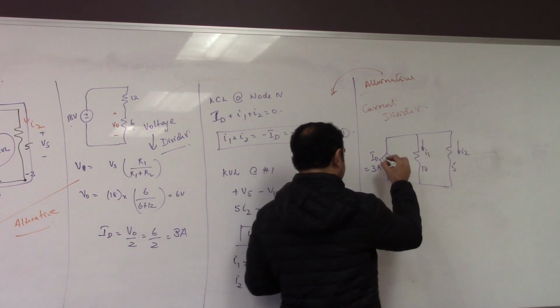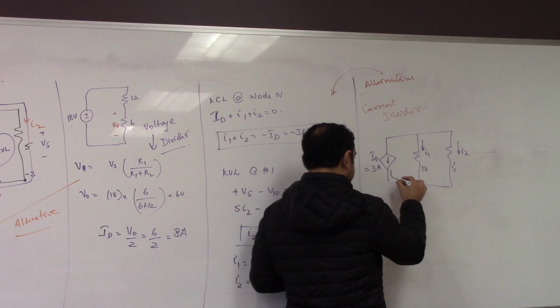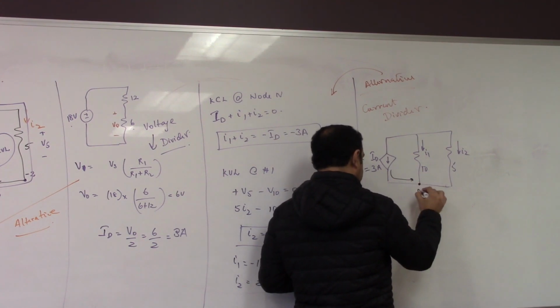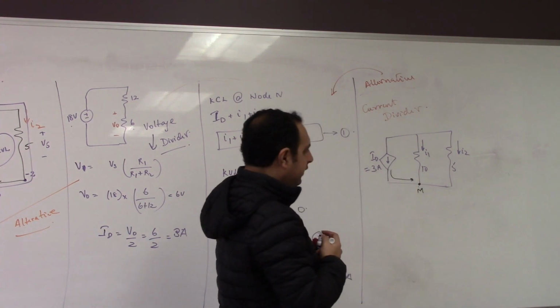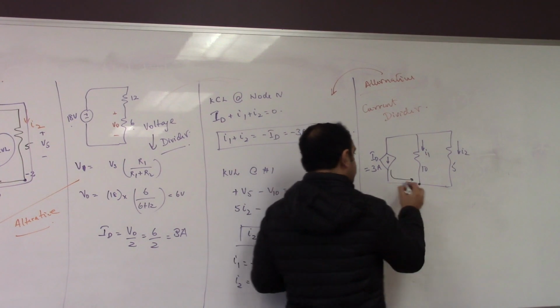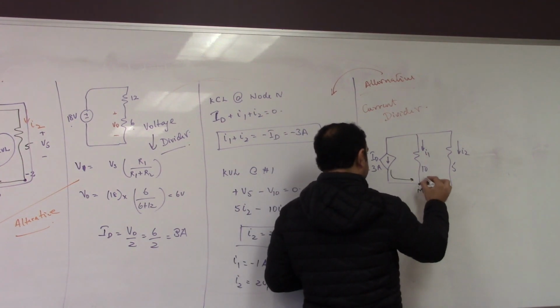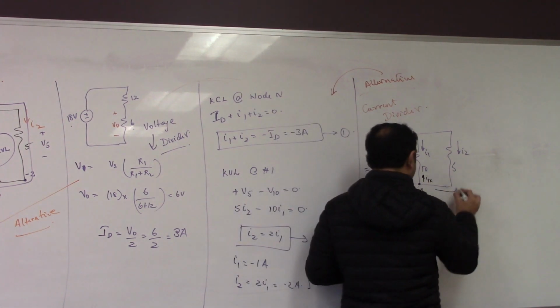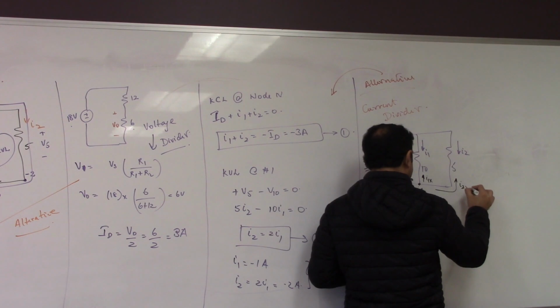So let's say that this 3 amps is flowing like this, okay? It gets to this node, we'll call it M, okay? So at this point, it's supposed to divide, right? So let's call this I1X, okay? And over here, it divides as I2X.